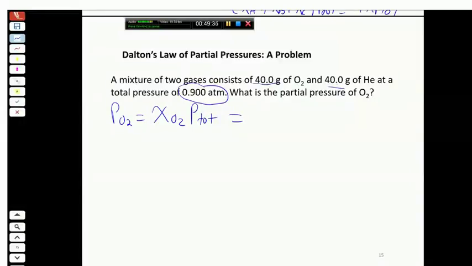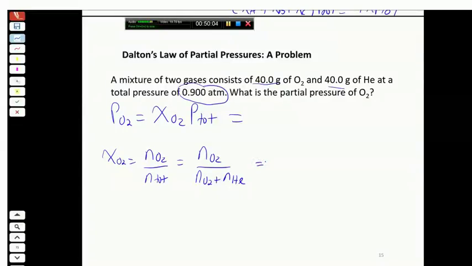So we know the total pressure, we just need to find what's the mole fraction of O2. And again, mole fraction is going to be the number of moles of that gas we have divided by the total number of moles. In this mixture, there's only two gases, so that's going to be the number of moles of O2 divided by the number of moles of O2 plus the number of moles of helium that we have. Okay, so the total number of moles is just the sum of whatever gases you have in your mixture. In this case, there's only 2 of them.